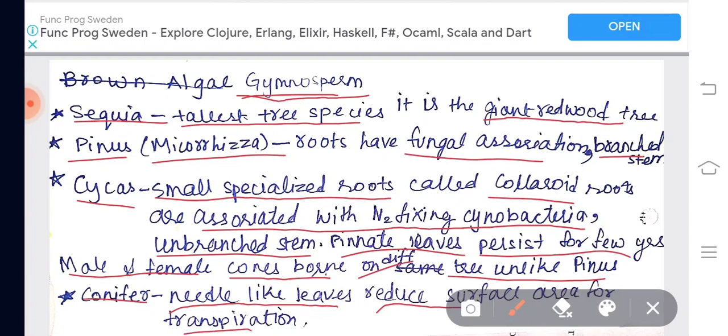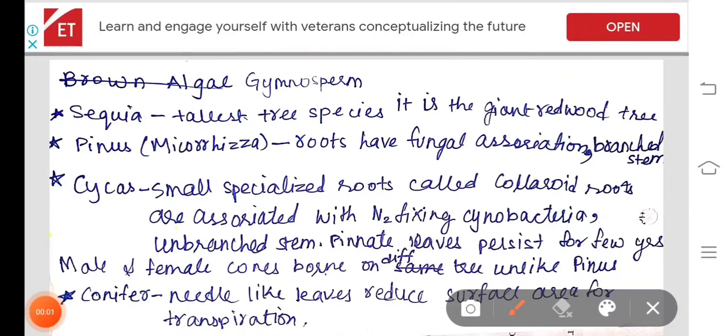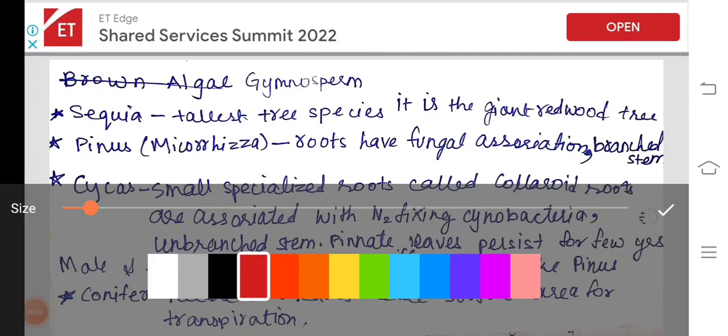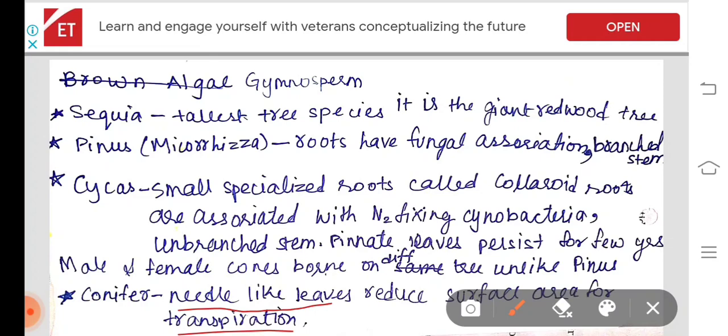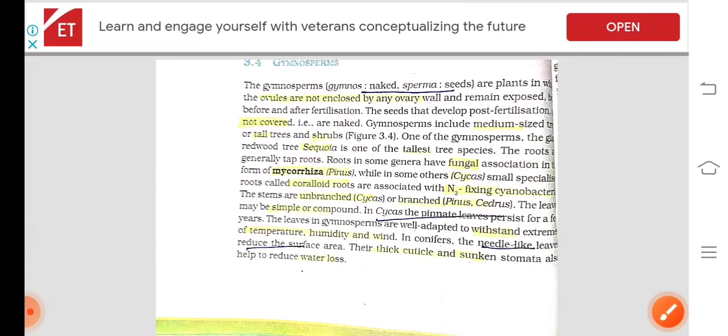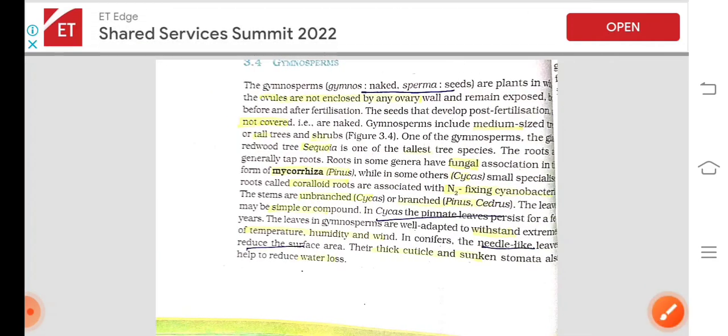Now these plants, gymnosperms, can withstand extreme temperature, humidity and wind. Therefore, they have some adaptation features in the form of needle-like leaves so that there is a very reduced amount of transpiration or loss of water. Now let's see the NCERT reading of gymnosperm.